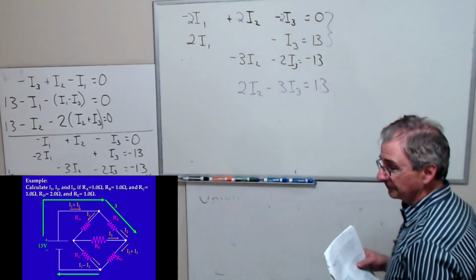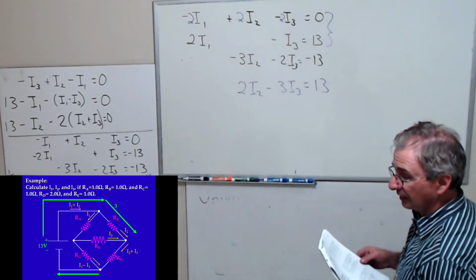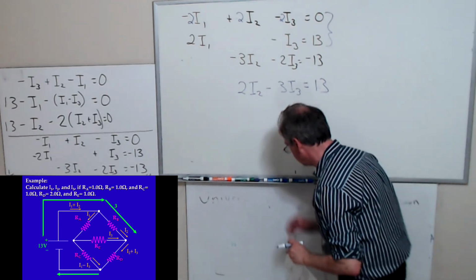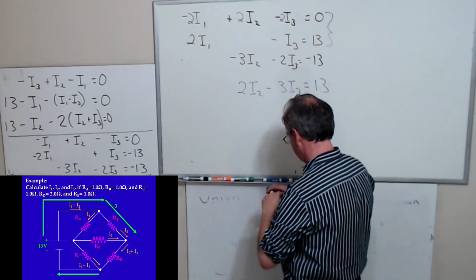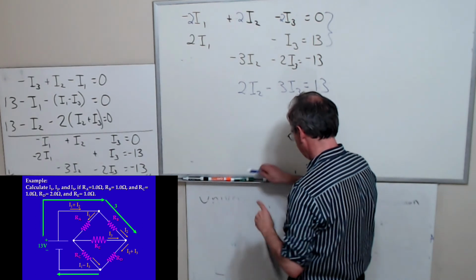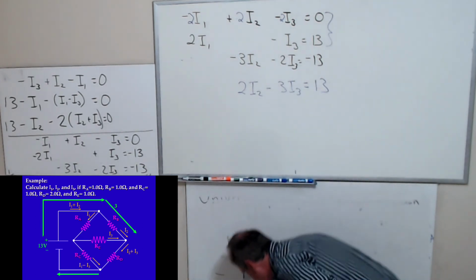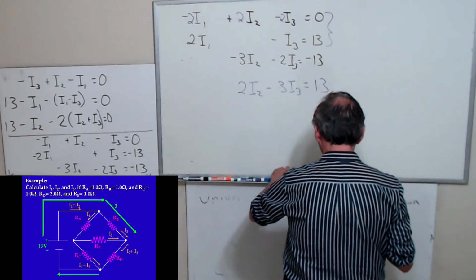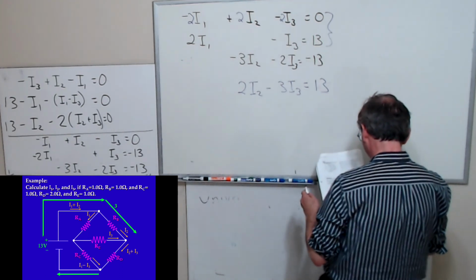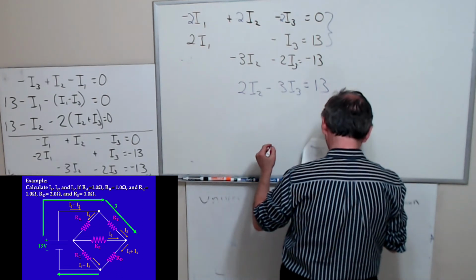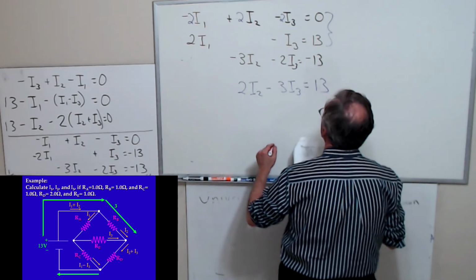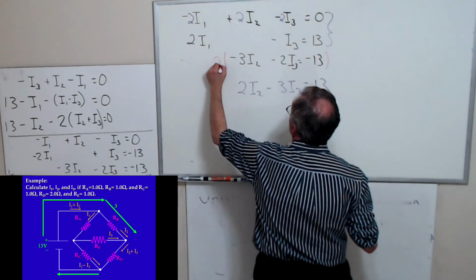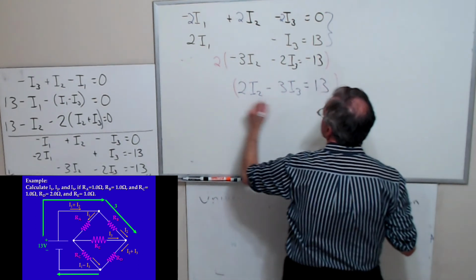That look okay? Yeah. So the next thing I'm going to do, I'll use a different color. Let me multiply this by 2 and this by 3.